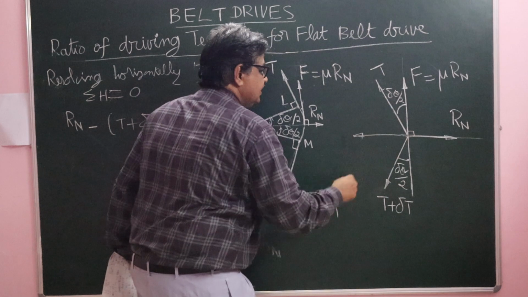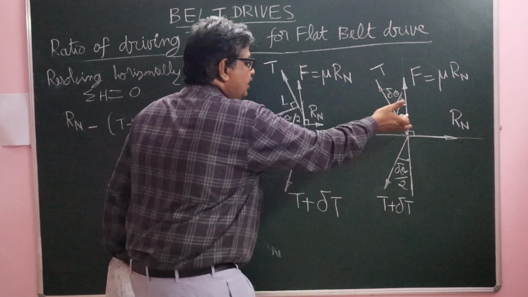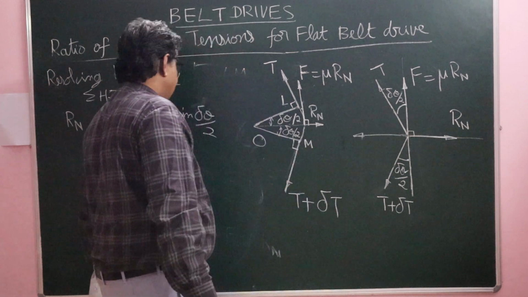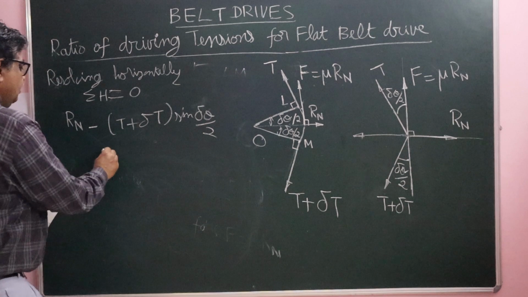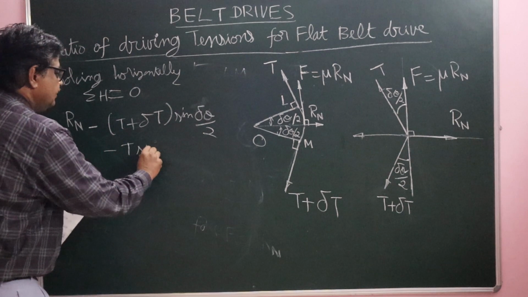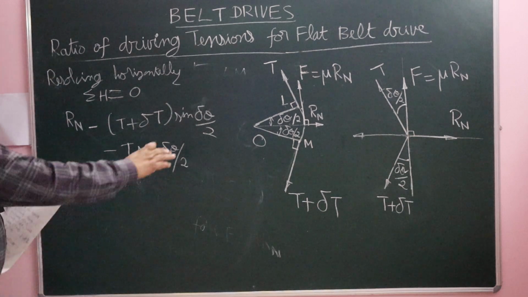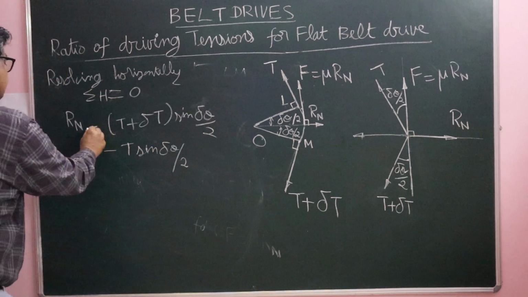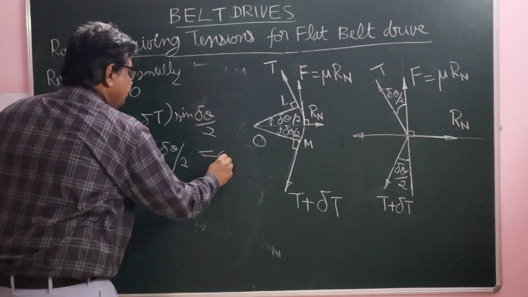This horizontal component acts in this direction. Both are towards the left, therefore negative: minus T plus del T sine del theta by 2 minus T sine del theta by 2. Rn is towards the right, therefore it is positive, equal to 0.